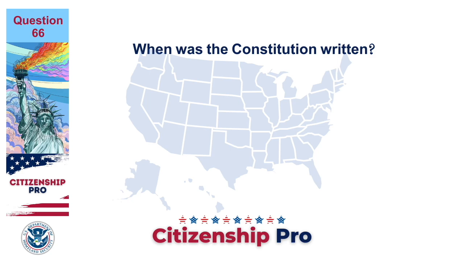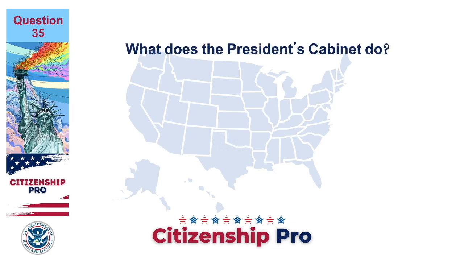When was the Constitution written? 1787. What does the President's Cabinet do? Advises the President.